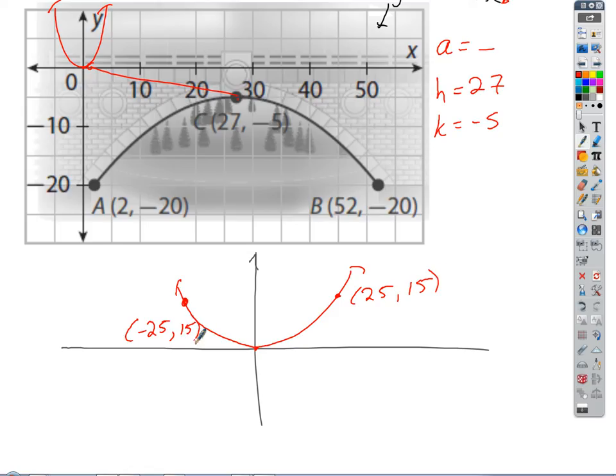Okay, so now the question to you is, the parent function looks like this, right? What points do we know the parent function goes through? 1, 1. Right, so what have we done to this thing? How do we get from the blue to the red?